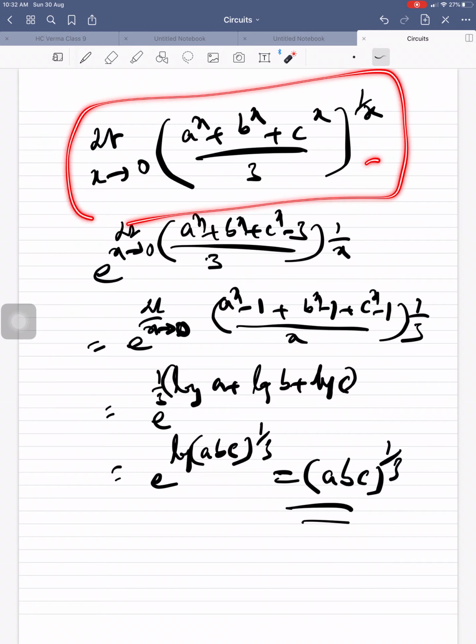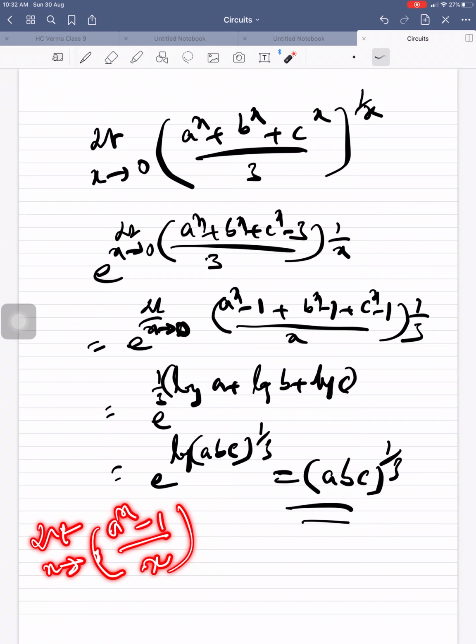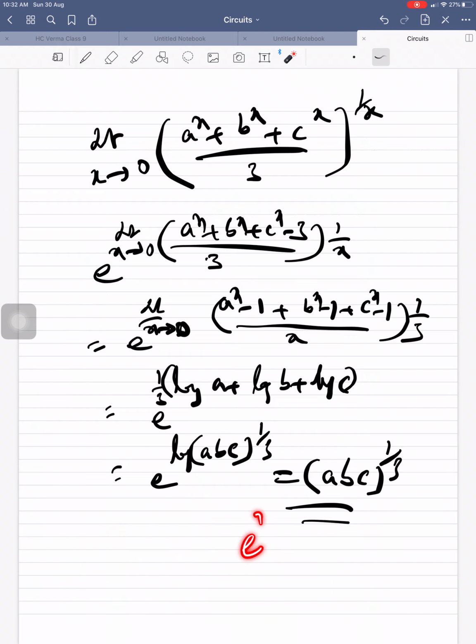This is also same. I already told you that limit x tends to 0, a power x, limit x tends to 0, a power x minus 1 by x whole power 1 by x is, think e power a.